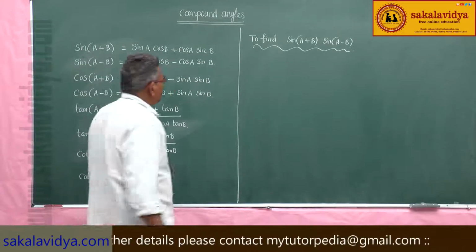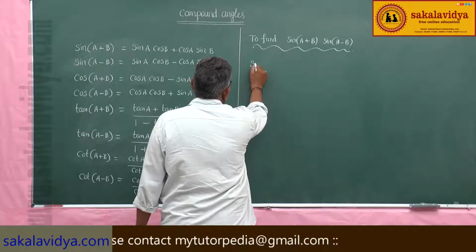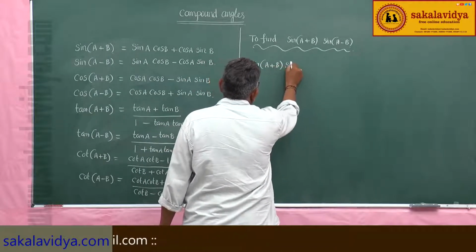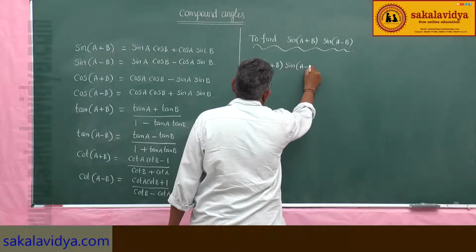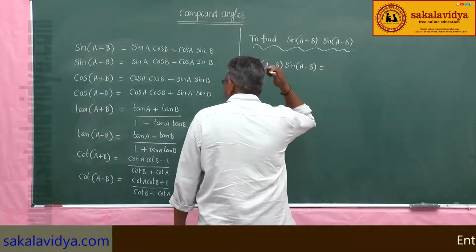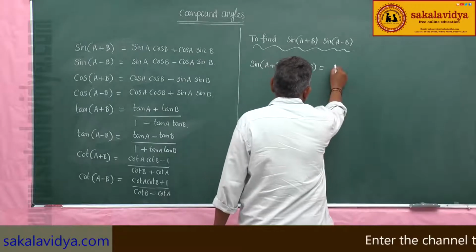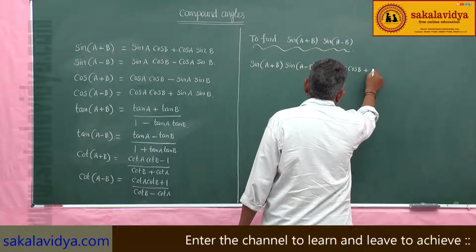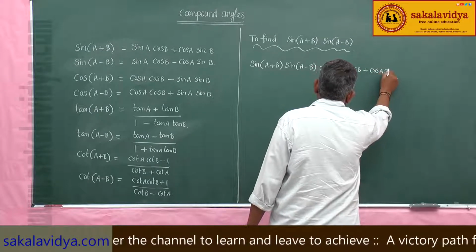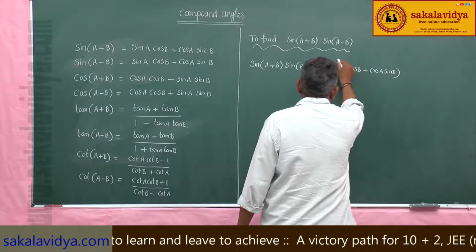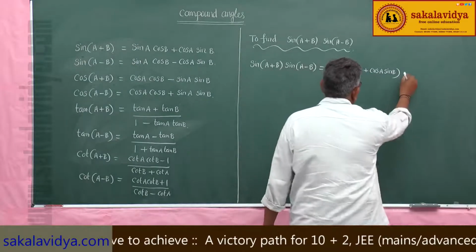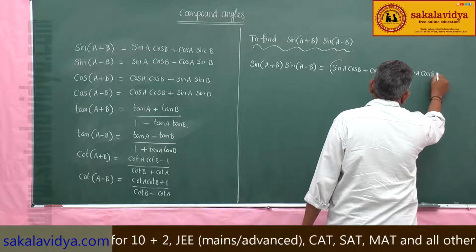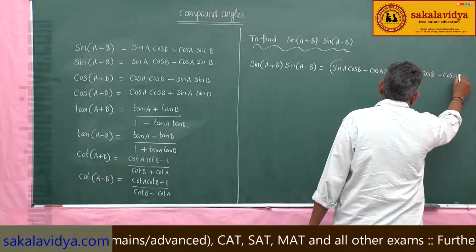So, now sine of A plus B into sine of A minus B is equal to sin A cos B plus cos A sin B into sin A cos B minus cos A sin B.